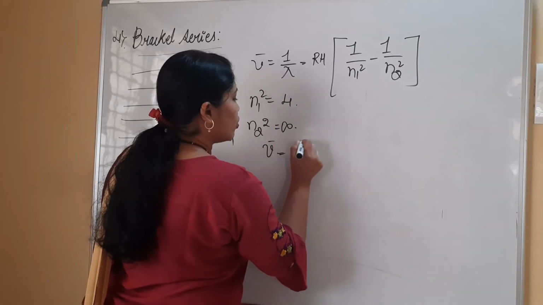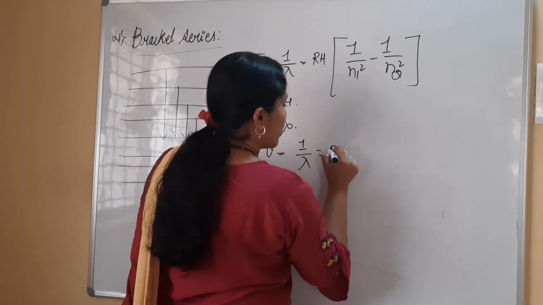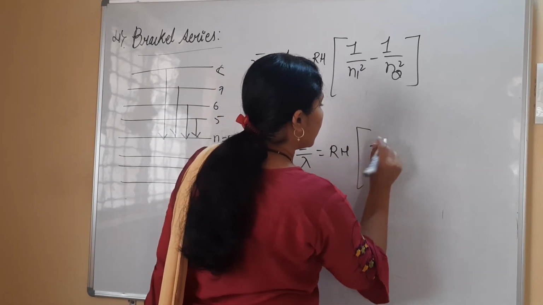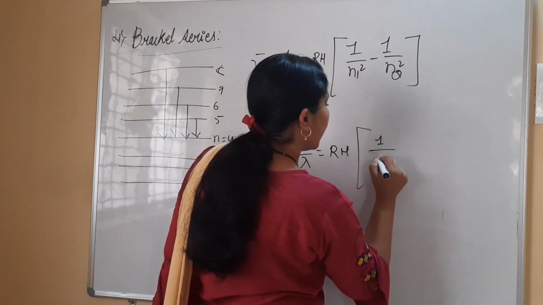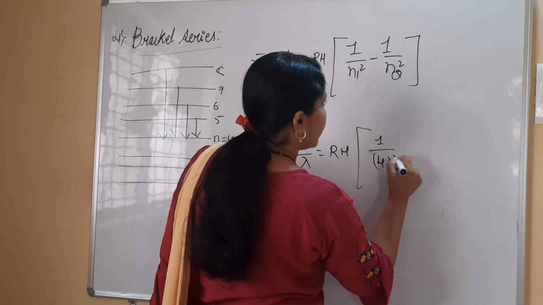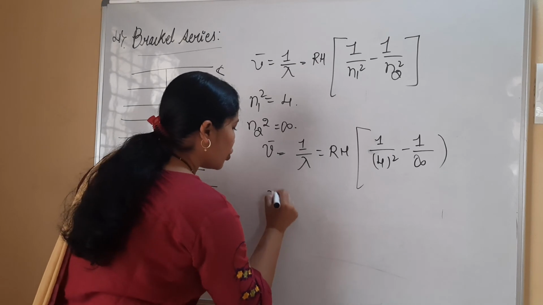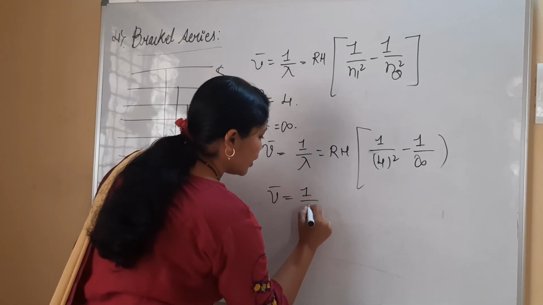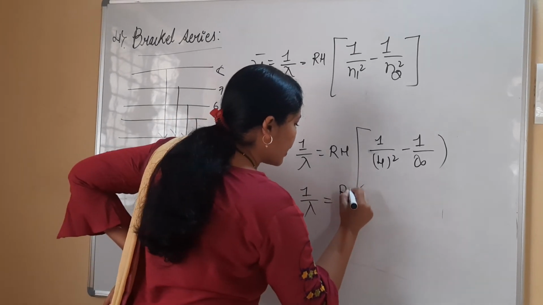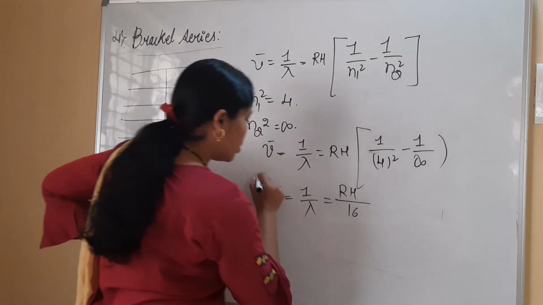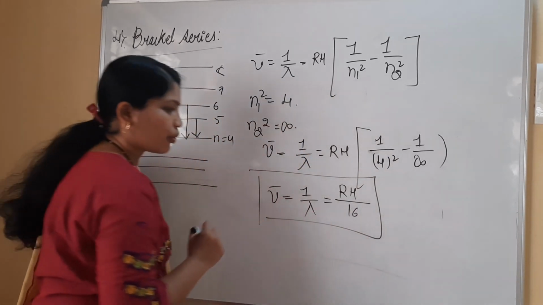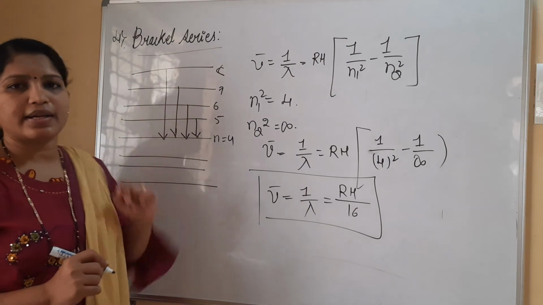Then nu bar equal to 1 by lambda equal to RH times 1 by 4 square minus 1 by infinity. So in total nu bar is 1 by lambda equal to RH by 16. This is the final value you obtain for the Brackett series.